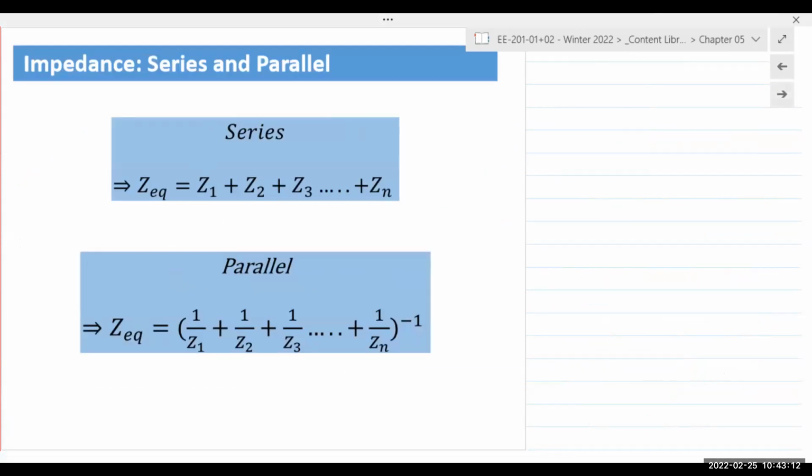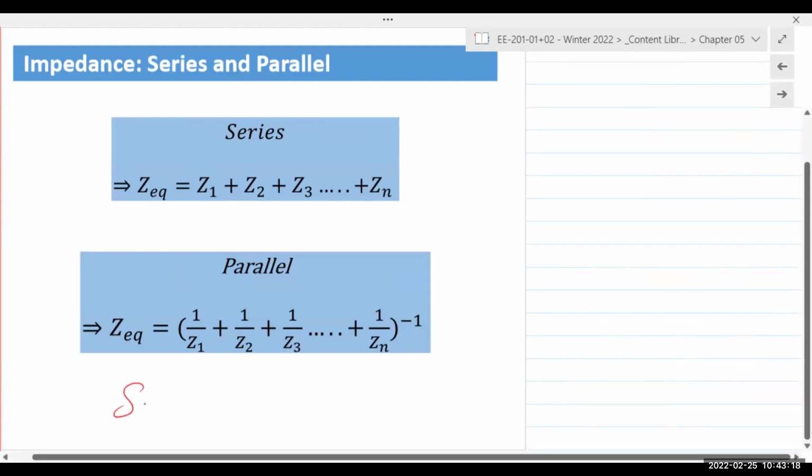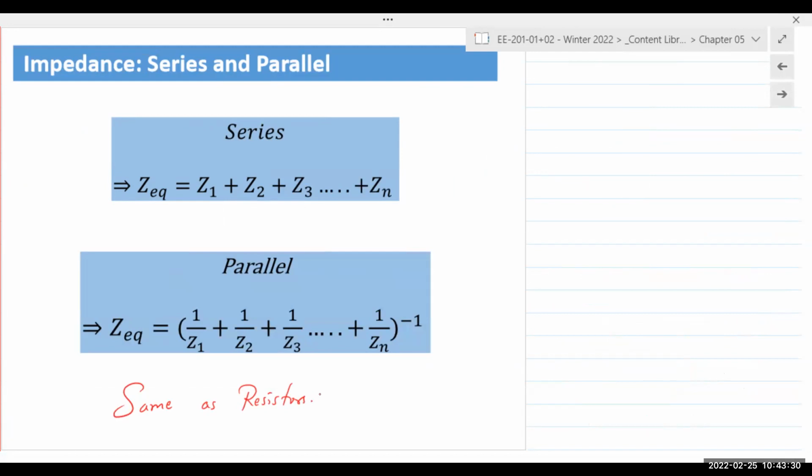Impedances in series and parallel. Impedances in series and parallel add up the same way that you would add up resistors. Meaning impedances in series simply add up. Impedances in parallel, you have to take the reciprocals and take the reciprocal of the resulting sum.